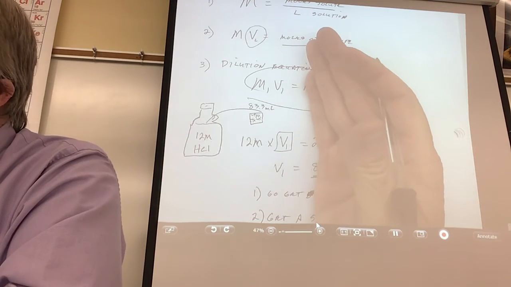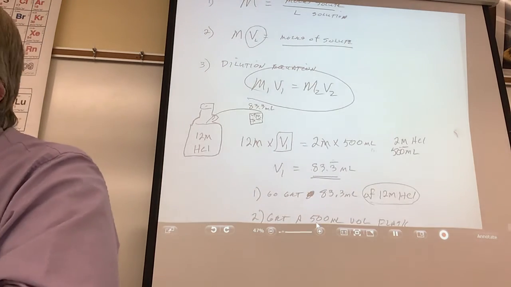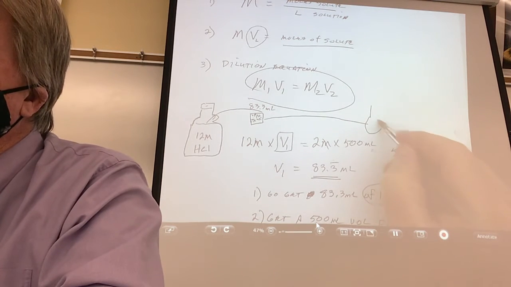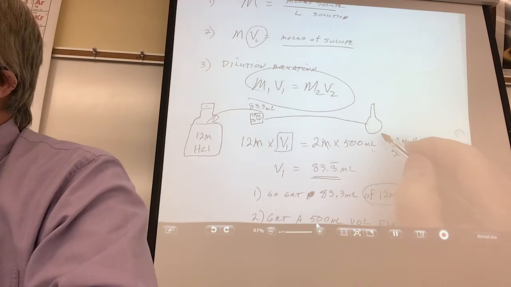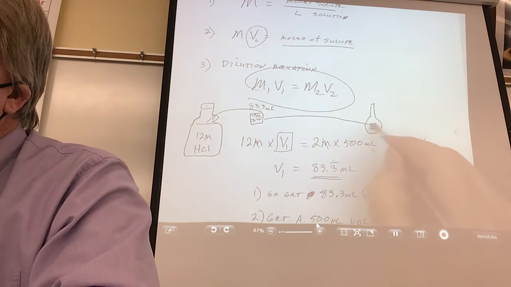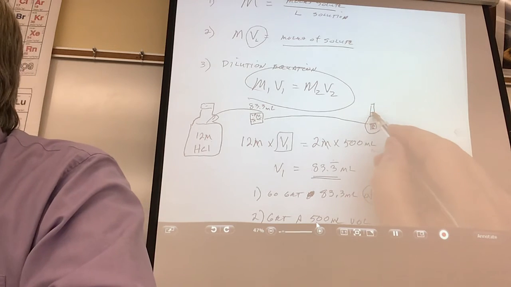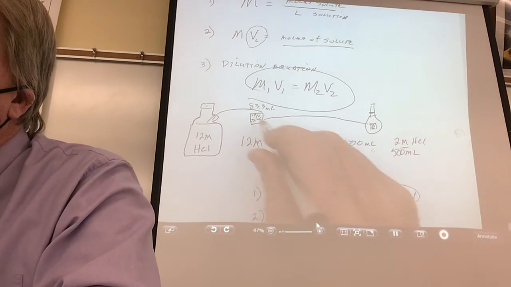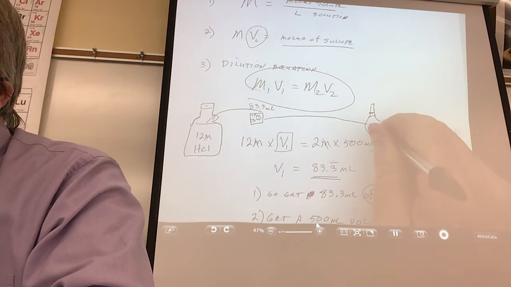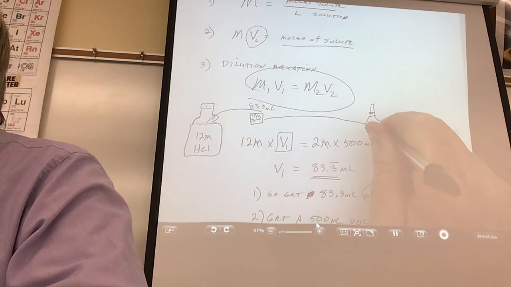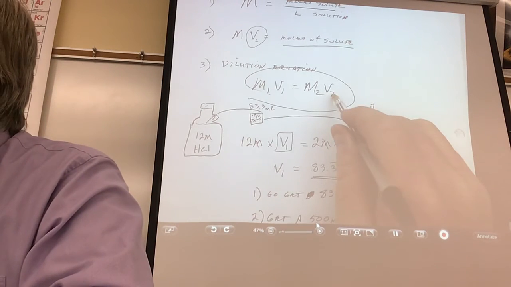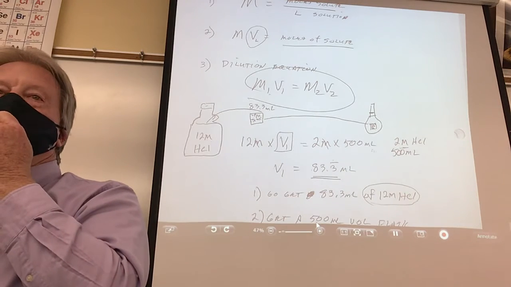What did I do with those moles of HCl? I put them here. And then I added some water that had no HCl in it. The number of moles that I took out of HCl equals the number of moles of HCl there. Isn't that right? That's why this equation works. Are you with me or not?